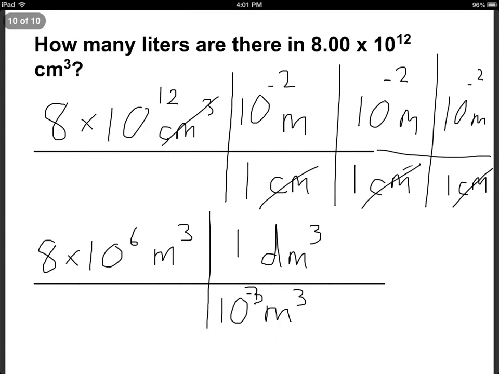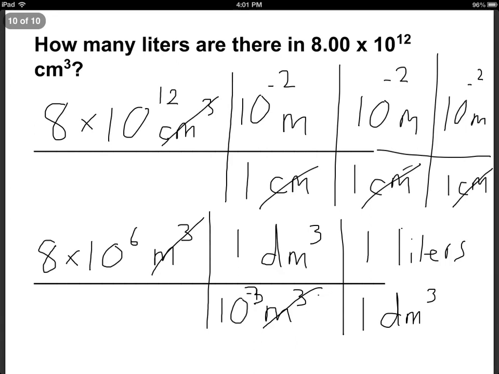Okay. And now we've canceled out our meters cubed, and the last step would be to change from decimeters cubed to our liters. And remember, we know that there's an equivalency between decimeters and liters. For every 1 decimeter cubed, there is 1 liter. And so our decimeters cubed will cancel out, and now we have an answer that's going to come out in liters.